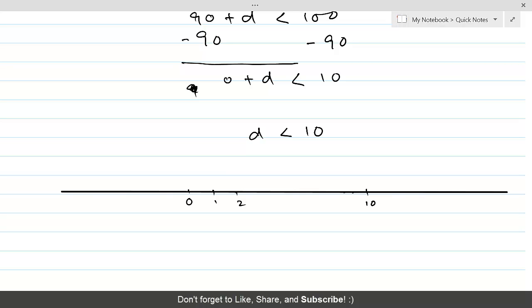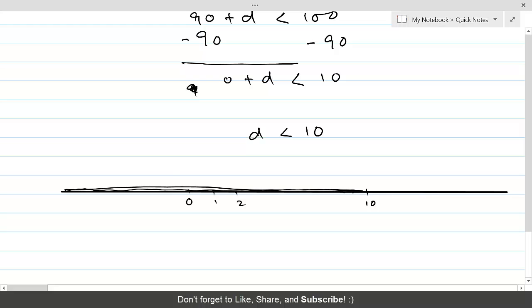D is again to the left because D is less than 10. So we again shade this region to indicate that the solution lies on this side. And D is less than 10. The reference value is 10, already marked, but because 10 itself is not part of the solution, we draw an empty circle here on 10, and that's it.